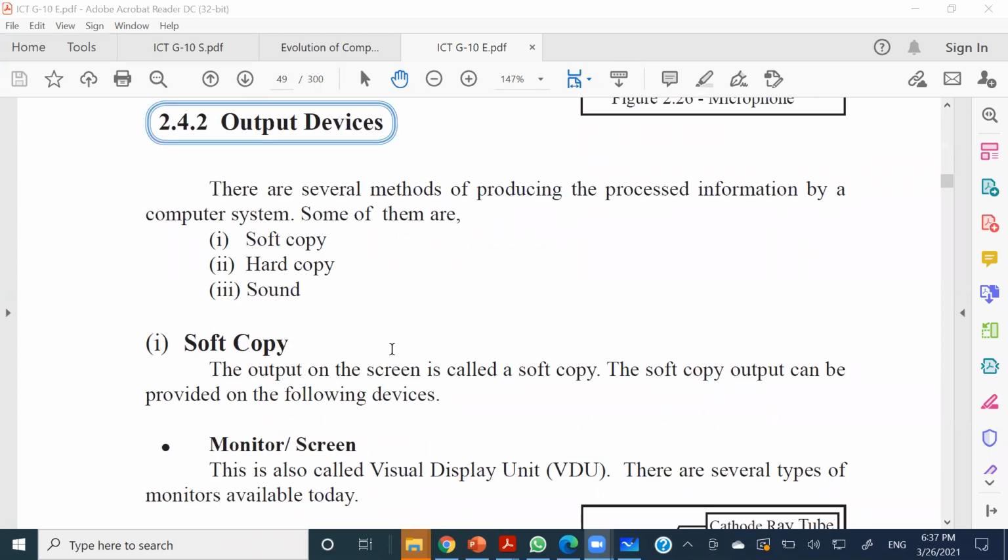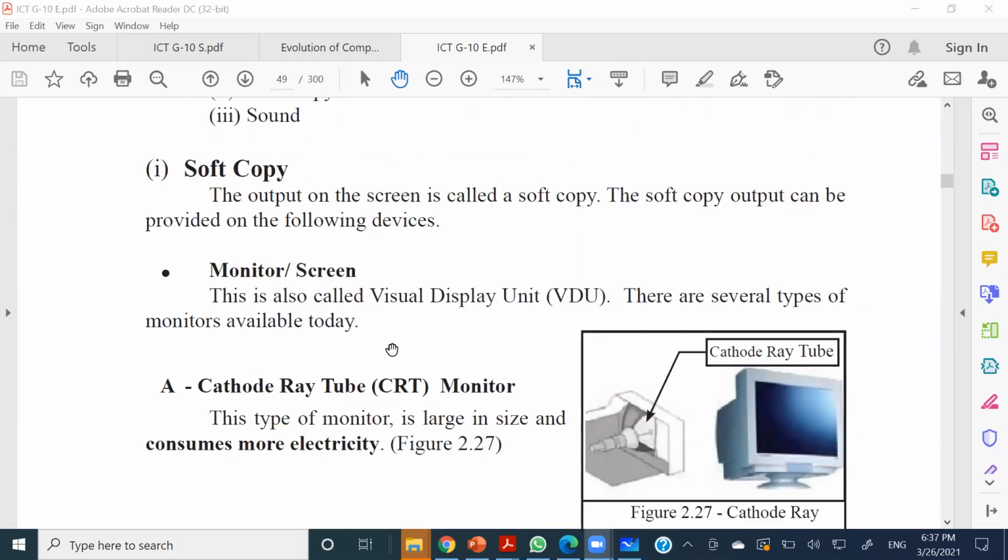When it comes to soft copies, I told you it is something that we can see but can't touch. Whatever the user gets to see can be seen through the monitor. The monitor, or visual display unit, VDU in short form, is the device that brings us the soft copies.